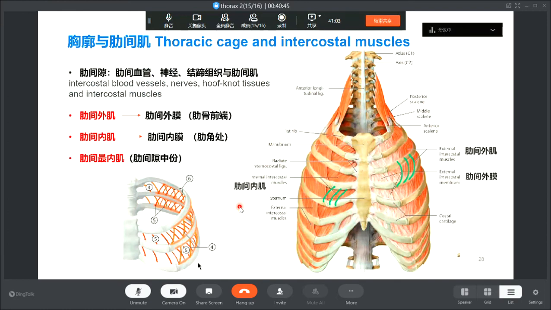And in the last class, I also introduced that between two ribs there is the intercostal muscle.